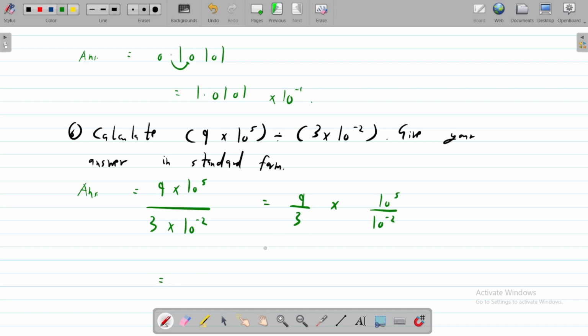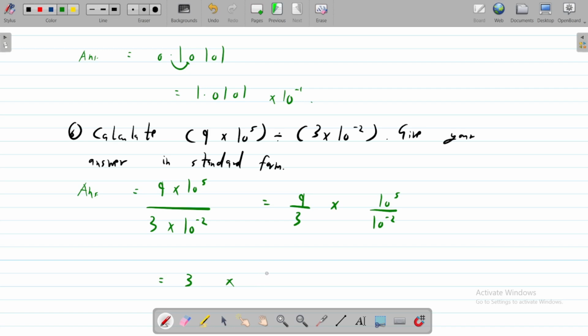Okay. Now we do them separately. So 9 divided by 3, that is 3. Now we also learned in indices in the chapter of algebra that when you have the same number and you have a division sign in the middle, you're going to subtract their powers. Okay.